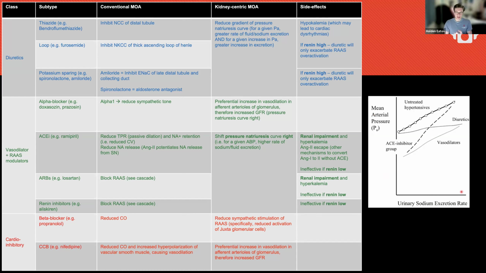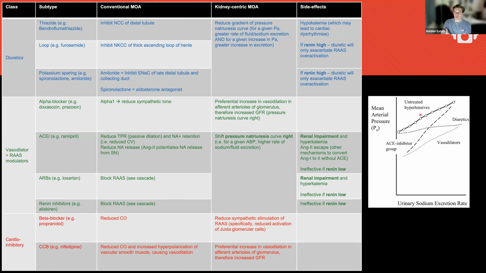And again, for essays or for exam questions, it's useful to use this quick illustration to show graphically how each of the drugs work. So a couple examples. Well, I guess they all shift the curves to the right.